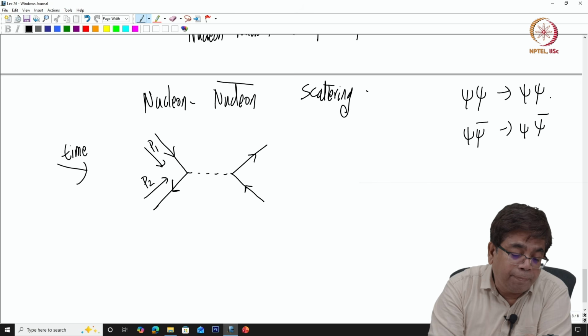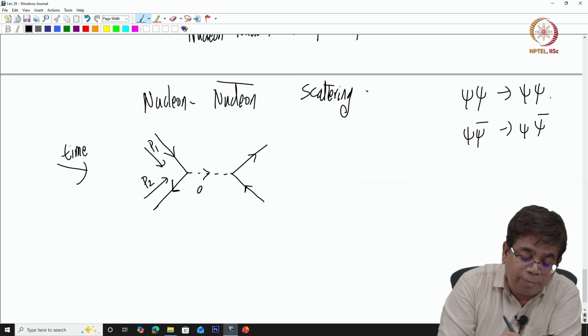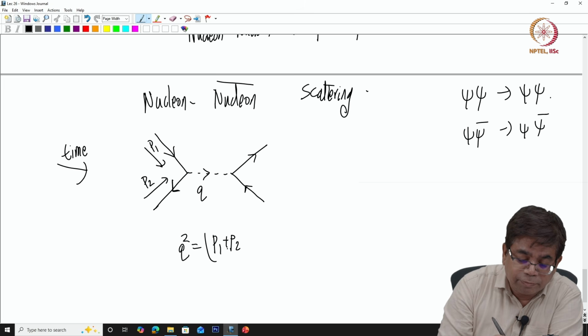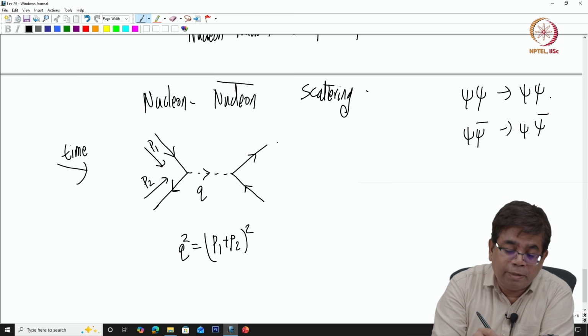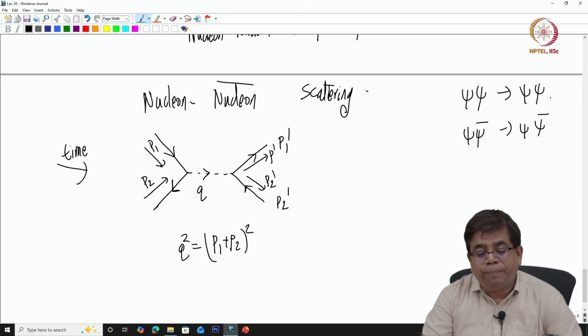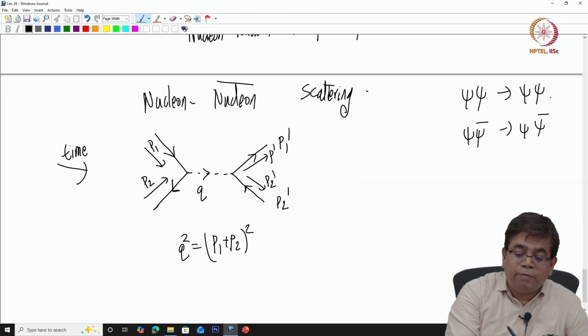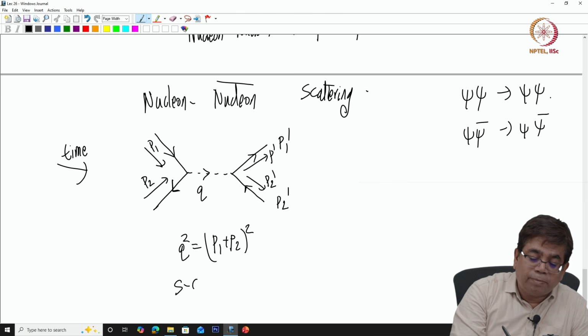So this is an antiparticle. So there is P1 and P2, but the momenta are incoming. These two momenta get added up here, and Q square is equal to P1 plus P2 square. Then you have P1 prime, P2 prime. Okay. So this is a particle and this is an antiparticle. So for the first time we are seeing one S channel process.